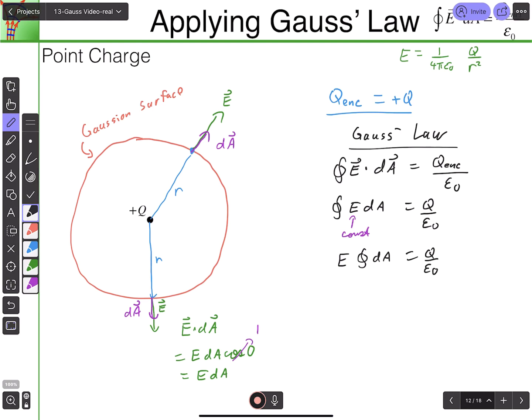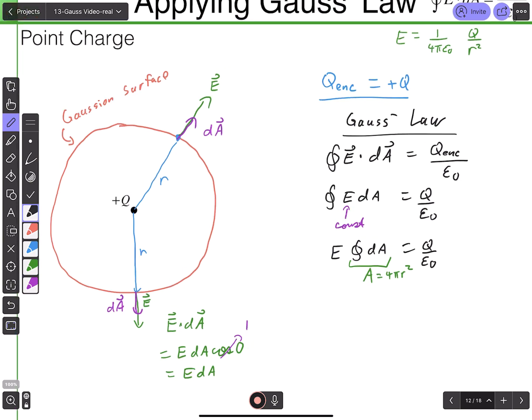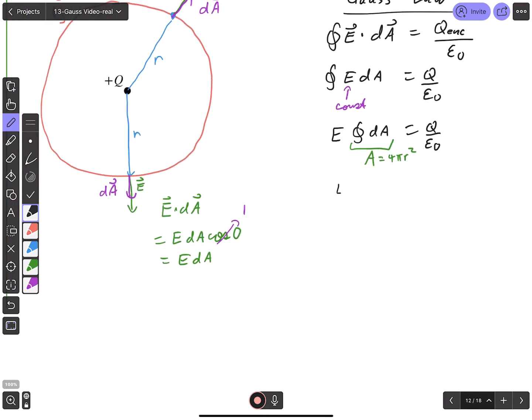So this here is just the integral over a sphere, it's the integral dA, so it's just going to be equal to the area of the sphere, right? And the area of the sphere is 4 pi r squared. So this becomes E times 4 pi r squared is equal to Q over epsilon naught.